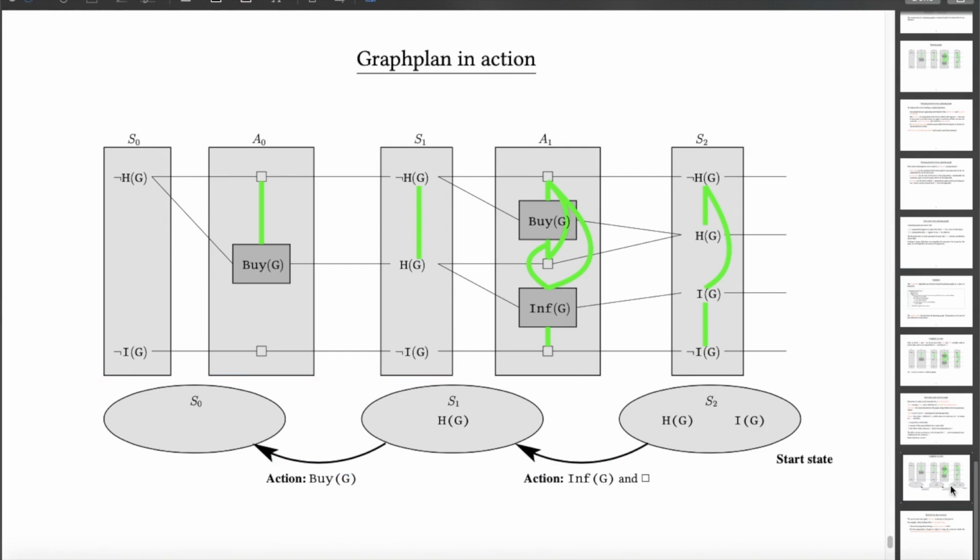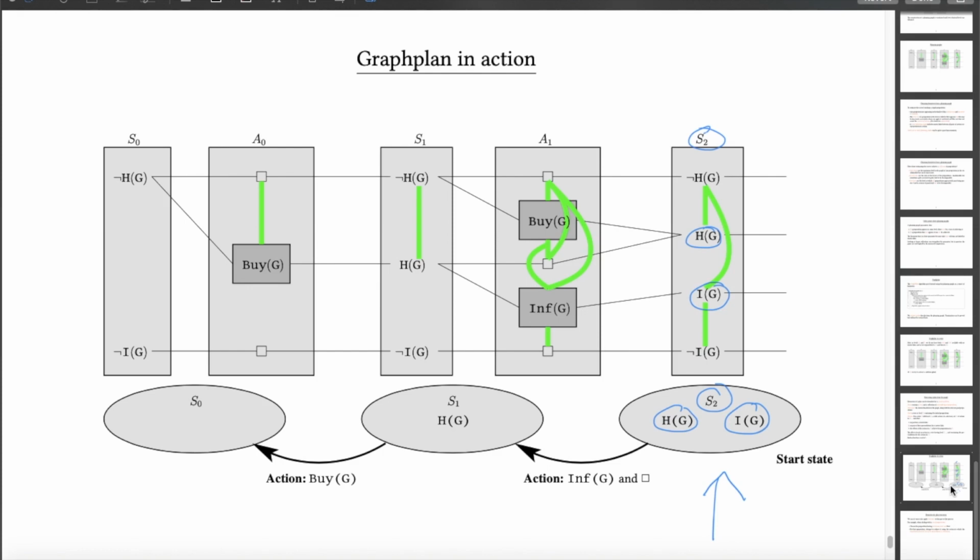So now the start state for the intelligent search problem is this guy here. The start state corresponds to a state level within the planning graph, namely S2, and some propositions that are unsatisfied that we aim to satisfy. Okay? Initially, HG and IG, because they form the goal.